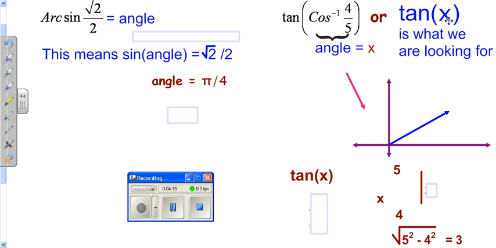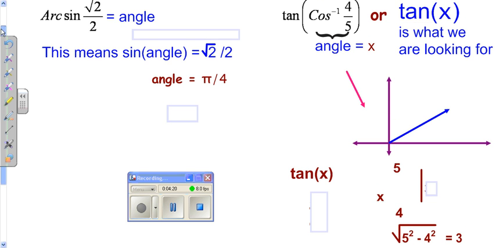But first of all, we've got to go ahead and draw ourselves our angle. Now, what we have here in black means the cosine of some angle, which we're calling x, is 4 over 5. So what we have right here is identical in meaning to this.